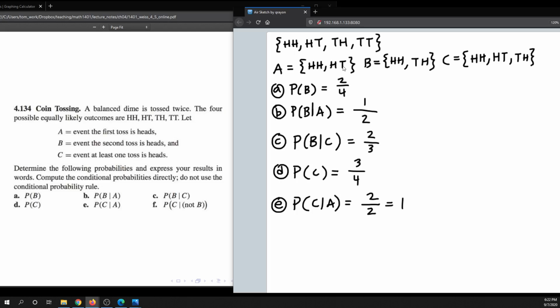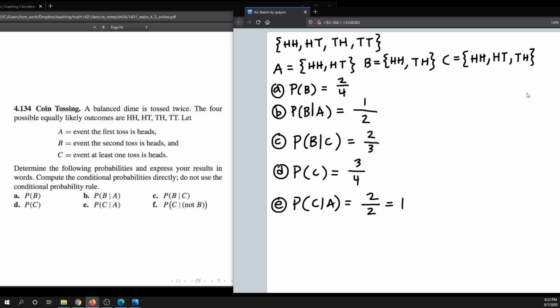If an event has probability 1, then we know that it's guaranteed to happen. So if I told you, hey, I flipped 2 dimes and I got heads, heads or heads, tails, and I ask you, what's the probability that event C happened? In other words, what is the probability that one of these happened?